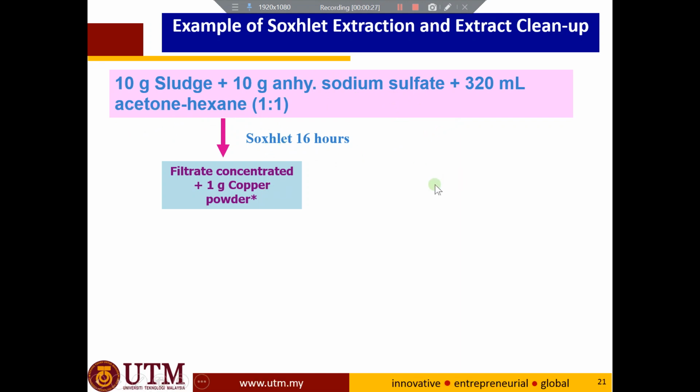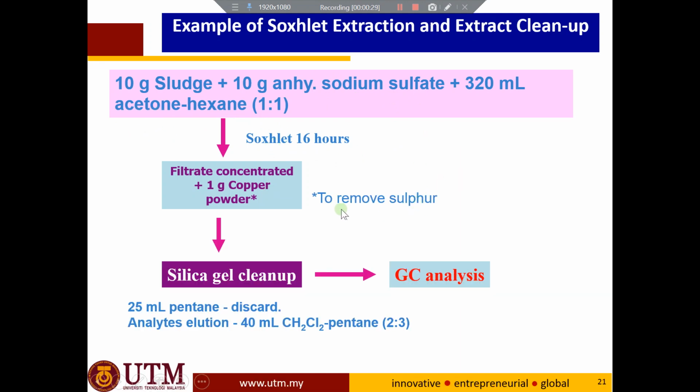We perform the solid extraction for 16 hours. The extract is filtered using 1 gram of copper powder to remove the sulfur. And we use silica gel cleanup to remove any leftover water or H2O.